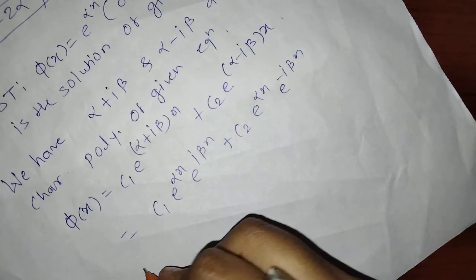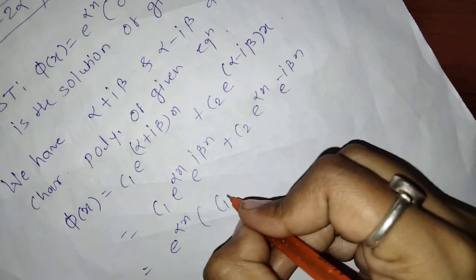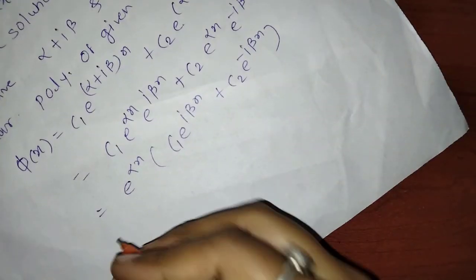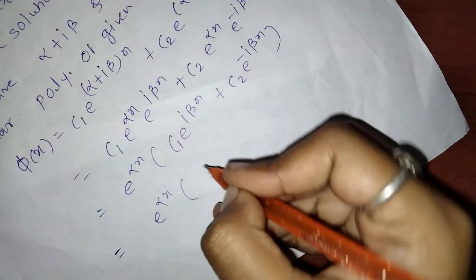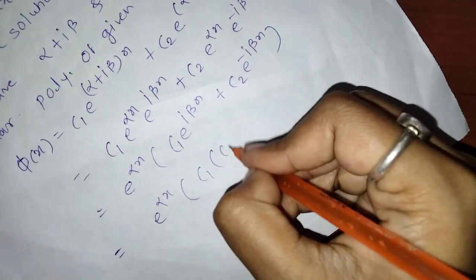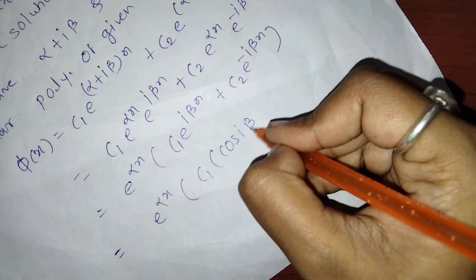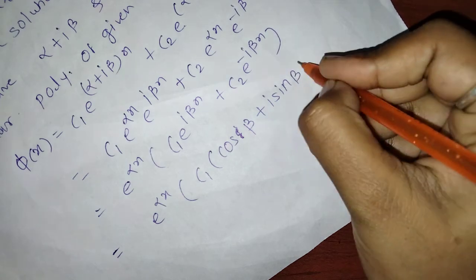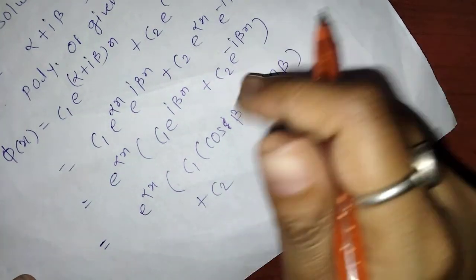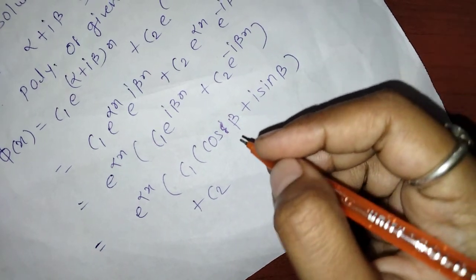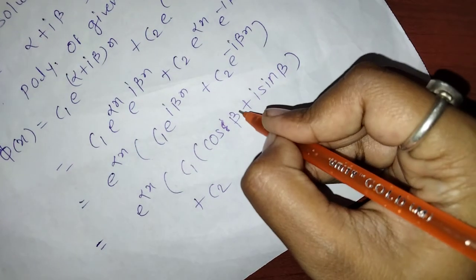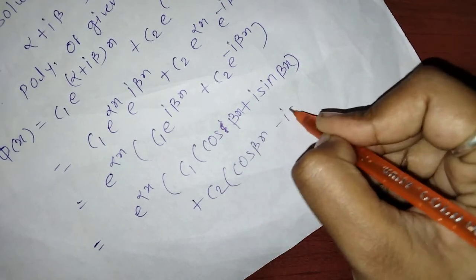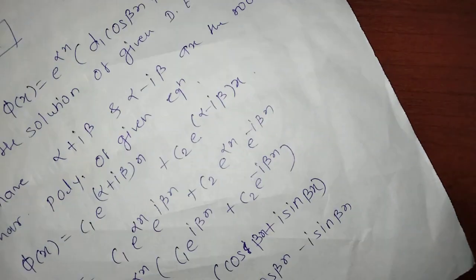Now take e raised to alpha x common: e raised to alpha x into c1 e raised to i beta x plus c2 e raised to minus i beta x, which is equal to e raised to alpha x c1 (cos beta x plus i sin beta x) plus c2 (cos beta x minus i sin beta x).